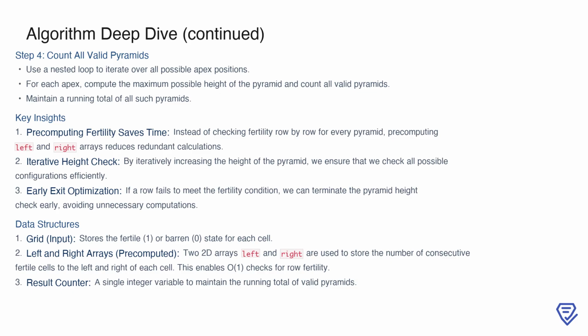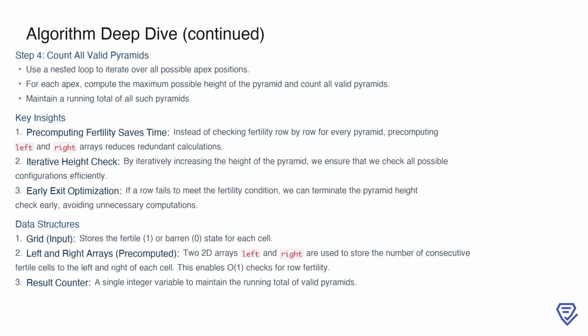For each fertile cell in the grid, we attempt to construct a pyramid with that cell as the apex. To do this, we iteratively check if the rows below the apex satisfy the fertility conditions for a pyramid of increasing height. Specifically, for a pyramid of height h, the base must have a width of 2h-1 fertile cells. Using the left and right arrays, we can quickly verify if there are enough fertile cells on each side of the row to support the pyramid.